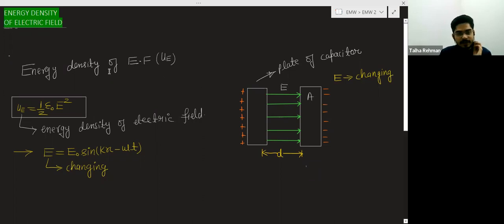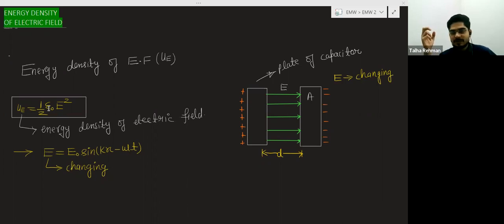So energy density of the electric field I will represent as small u with suffix e, u_e. And this energy density for the electric field is given by half. I am not deriving this. If you want to see the derivation, you can check your notes of that capacitor chapter. There you will get this derivation. I have done this derivation.